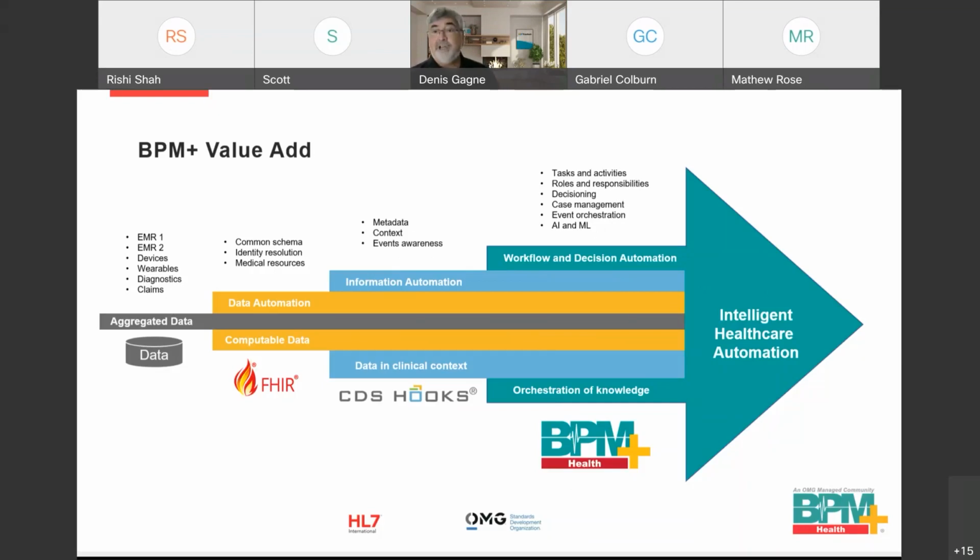So this is the ground setting for the conversation of how I see BPM Plus complementing FHIR, and I think it's pretty much a vision shared by the community here, but that certainly is how I'm presenting it here today to set up the stage for our ensuing conversation today.